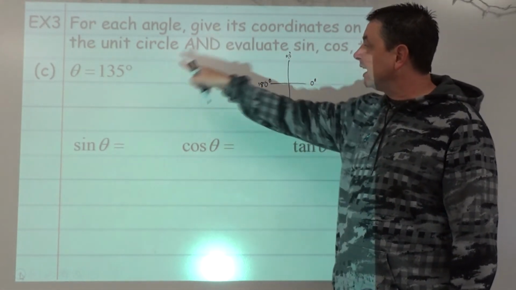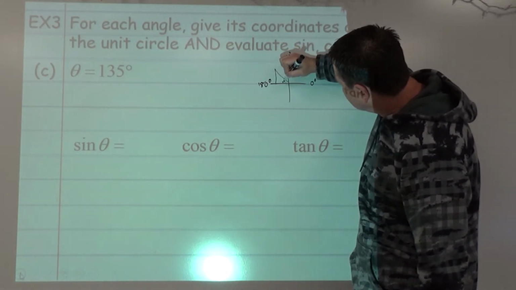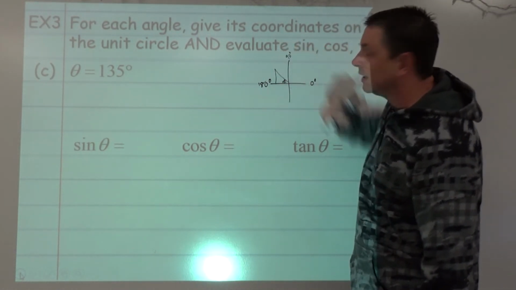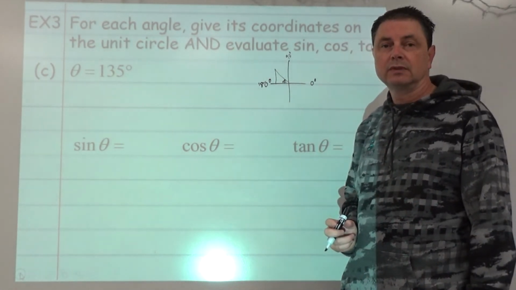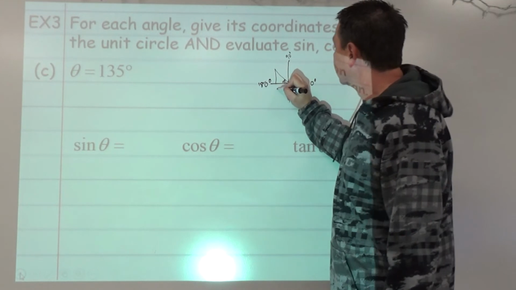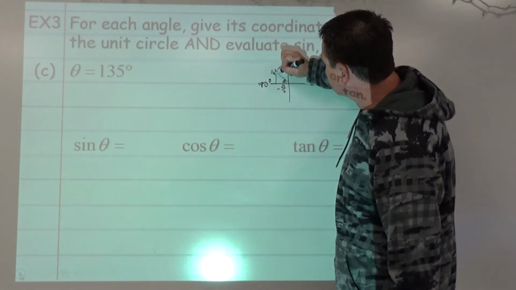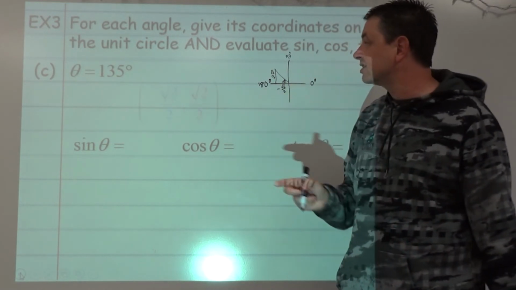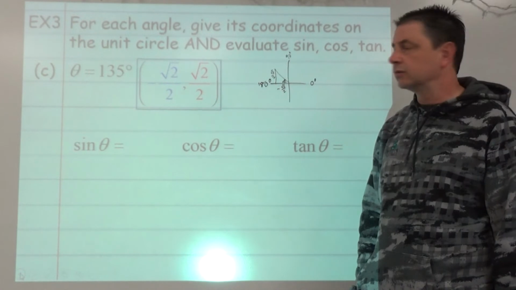It's 45 past 90. So we're looking at a 45, 45, 90, which all the legs are the same. So we're looking at going left, √2/2, up, √2/2, so the coordinates are going to be (−√2/2, √2/2).